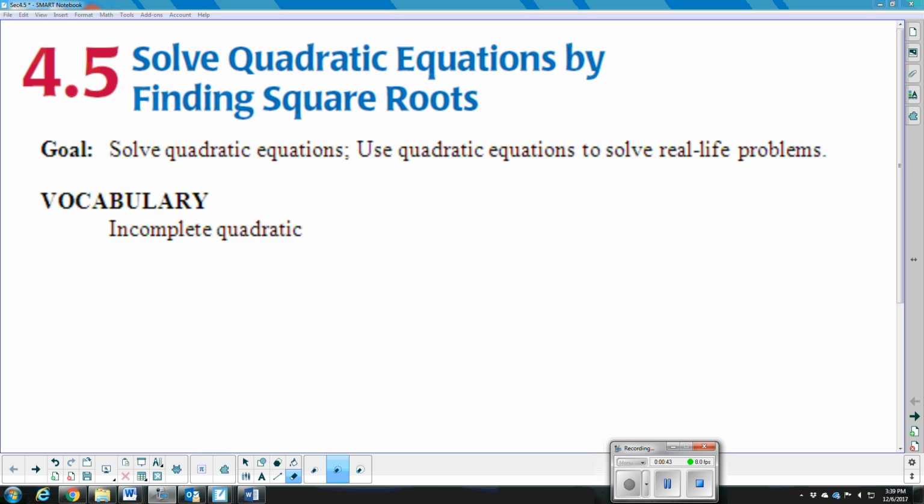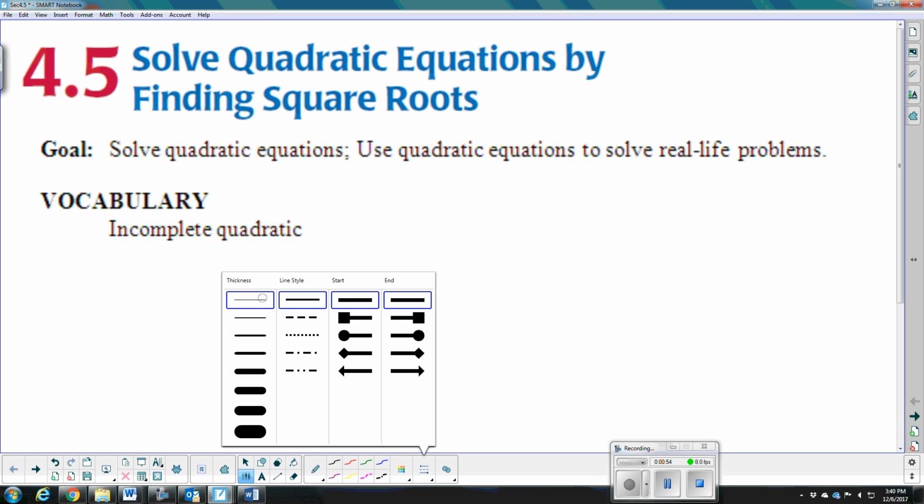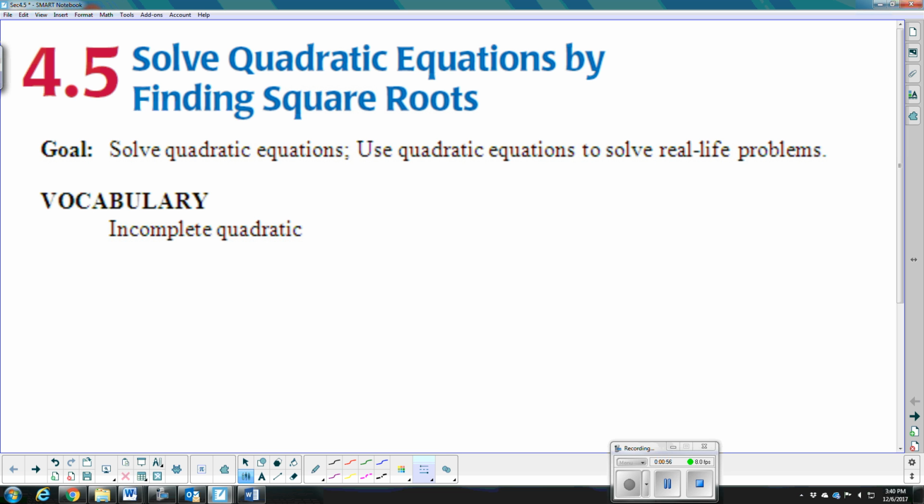The first term we have is the incomplete quadratic. An incomplete quadratic is a quadratic function that is missing the linear term. So here is the normal quadratic function that you're used to in standard form. The linear term is the bx.